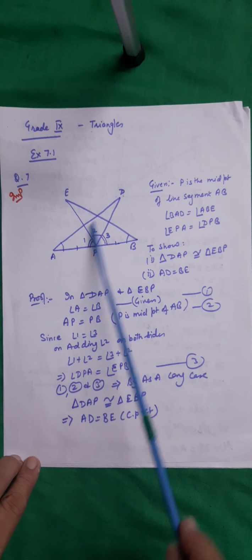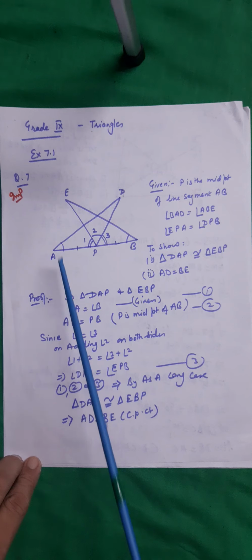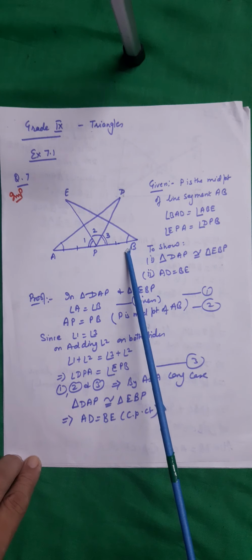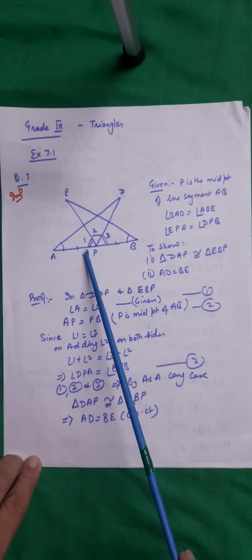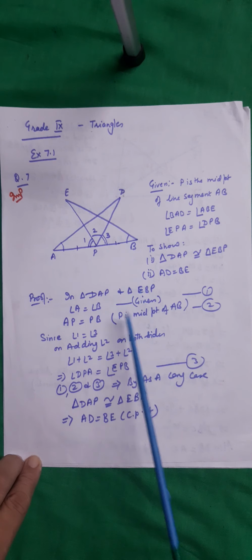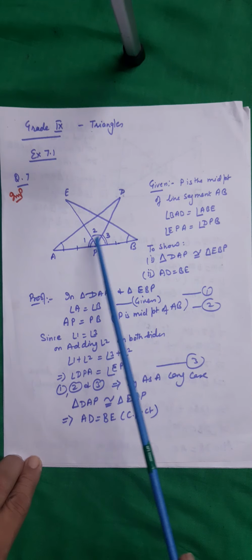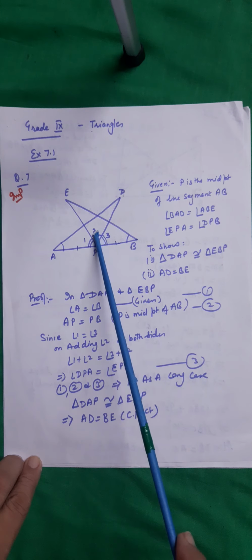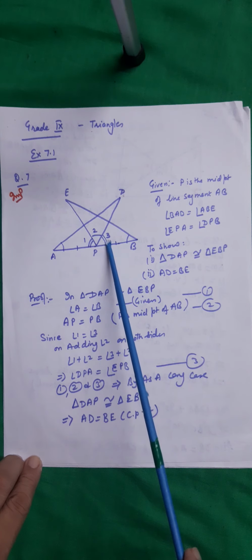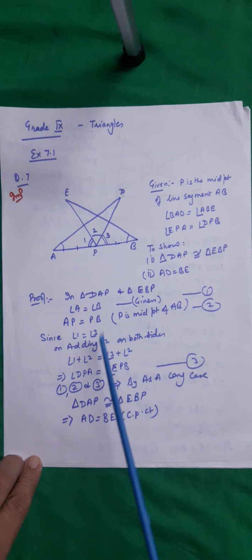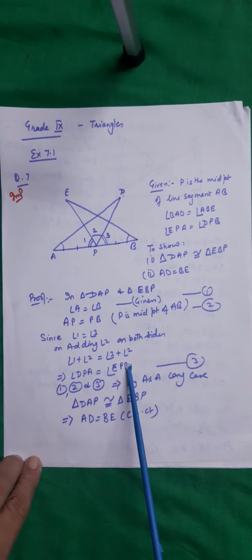Now consider these two triangles only. In these two triangles, angle A is equal to angle B, and it is given AP is equal to PB, as P is the midpoint of AB. Since angle 1 and angle 3 are equal, if we add angle 2 to both of them separately, the resulting angle will also be equal.